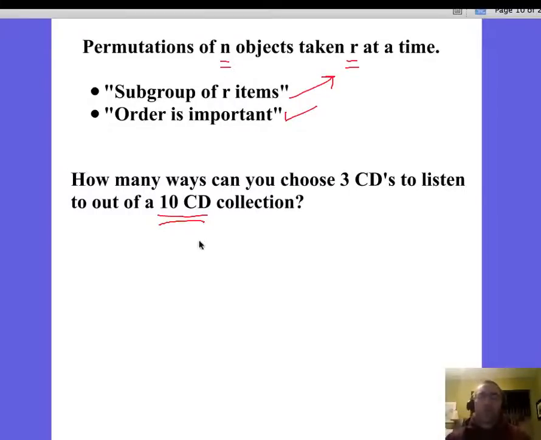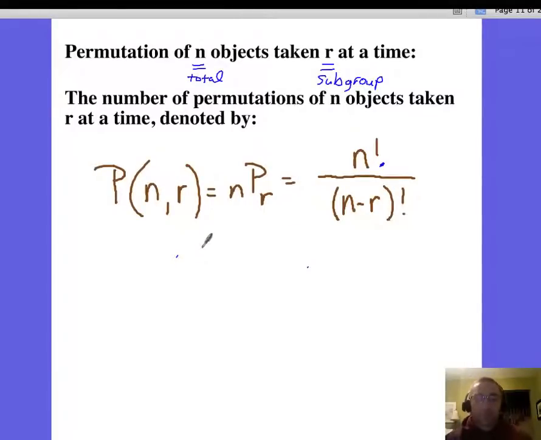So we're going to use a different formula and some new notation. P for permutation, n objects, the total is n. R right here is the subgroup.